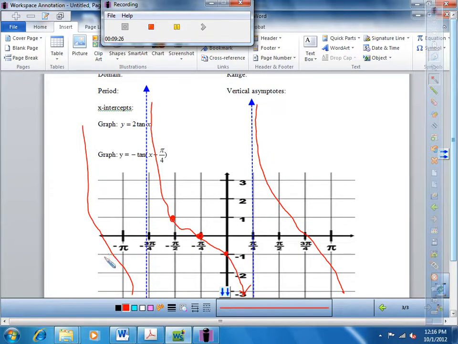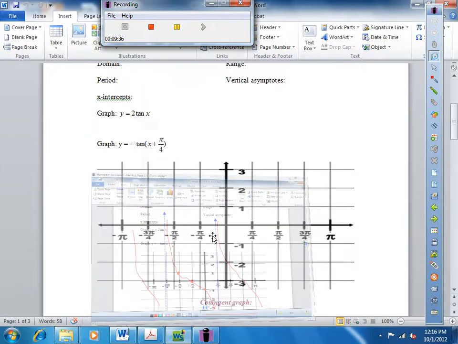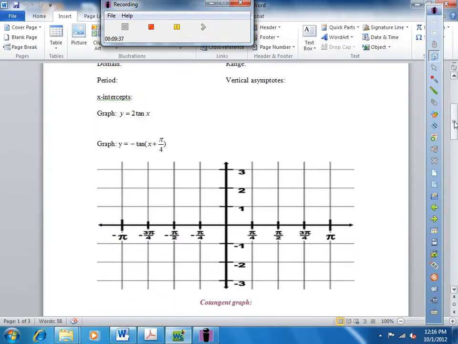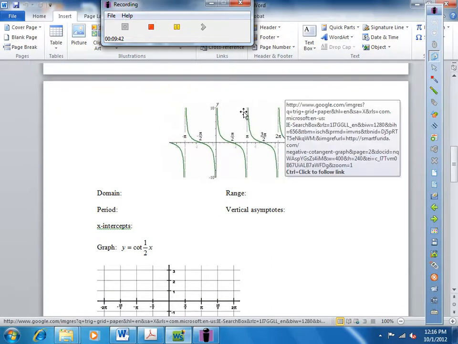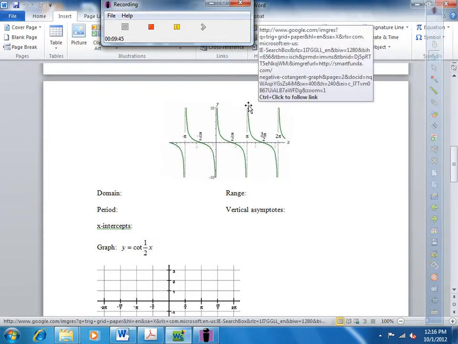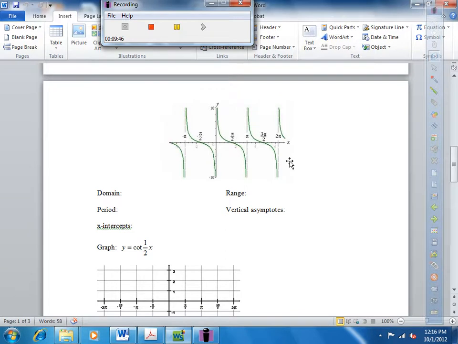Okay? Almost the same as a cotangent. Cotangent, which is the next one, looks like this. So cotangent comes from the top left, but it's shifted over pi over 2, not just pi over 4, right?